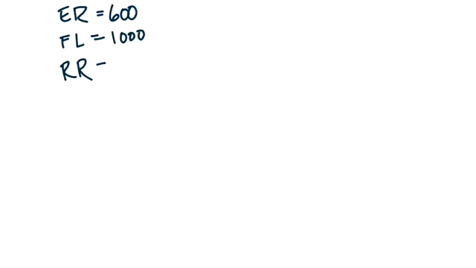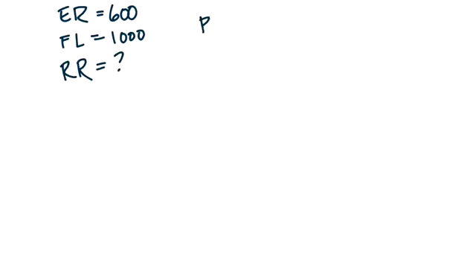If a patient is excreting 600 milligrams per minute of a substance, so the excretion rate is 600, and filtering 1,000 milligrams per minute of the substance, so the filtered load is 1,000, what is the net reabsorption rate of the substance? So what is the reabsorption rate?